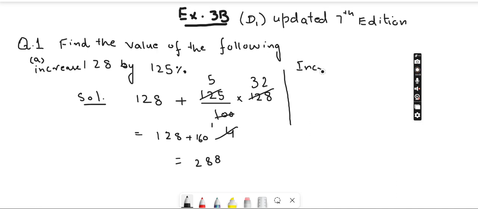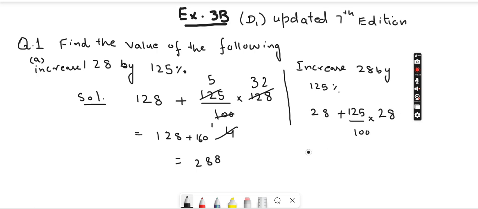Increase 28 by 125%. So what is the solution becoming? This is 28, and for increase we use this addition sign. It is increased by 125%. 125% in 28.